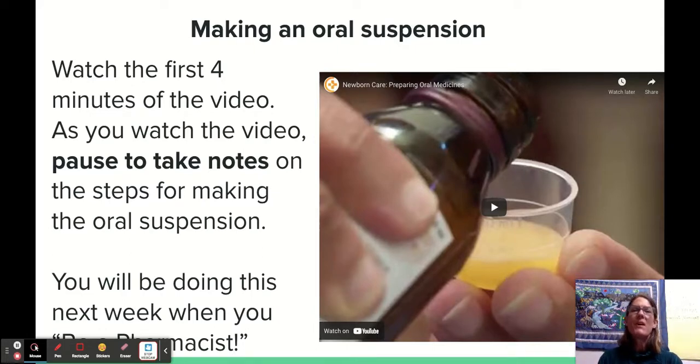And so a pharmacist has to make this medicine into a suspension that the baby can swallow. And sometimes we add sugar and other things to make it taste better. But for yours, you're just going to do the medicine and the water. And both of those need to be measured carefully to have the right concentration for the baby.